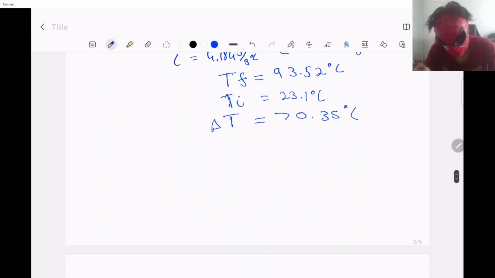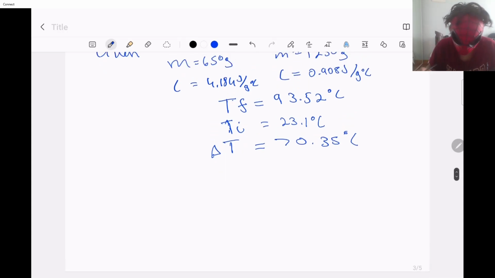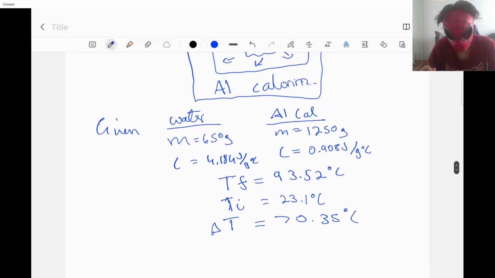So now, with this information in mind, let's calculate the Q for the water. The Q of the surroundings consists of both the water and the aluminum calorimeter, so the Q of the surroundings equals the Q of the water plus the Q of the calorimeter.